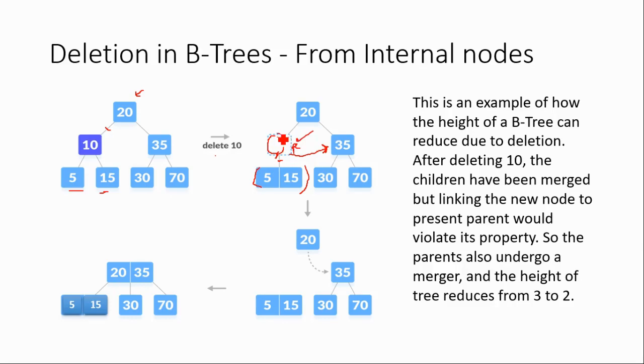Before filling this empty space, you have to first merge it with 35, and then this top node, the root node 20, comes together with that 35. It fills the space beside 35. So after filling the space, we have this tree.